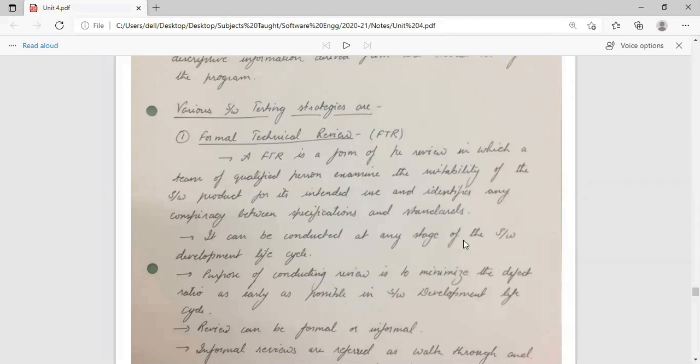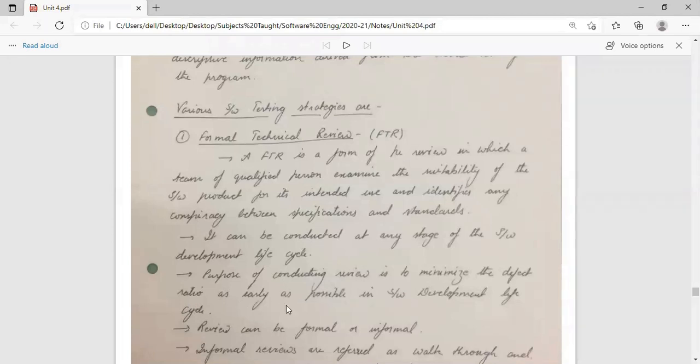It can be conducted at any stage of the software development lifecycle. It does not have any specific time. It is done many times at different stages of the software development lifecycle, which is decided by the team itself, right? Now, what is the purpose of this review? The purpose is to minimize the defect ratio as early as possible in SDLC.